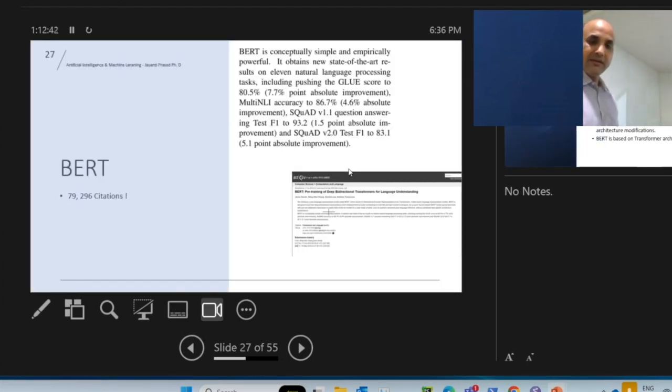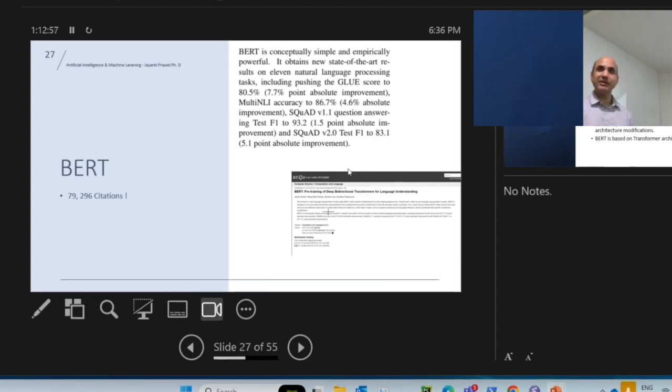Now this pre-training and fine-tuning is quite common nowadays. Any big large language model has two phases. One, it is pre-trained on some data, some other task. And later on, it is fine-tuned for some particular task.